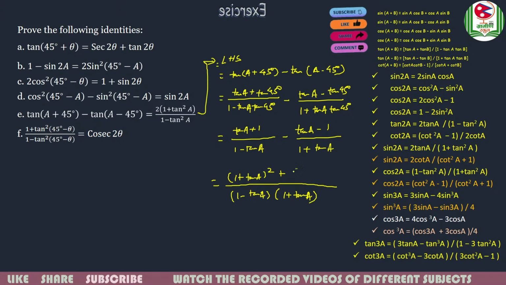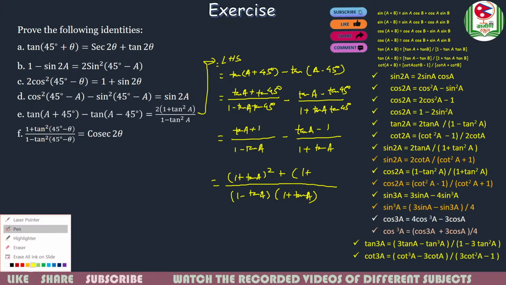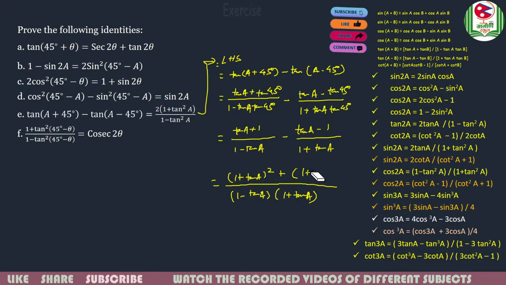So we can write this one as minus tan a minus 1 into 1 minus tan a. So one is tan a minus 1, another is 1 minus tan a.